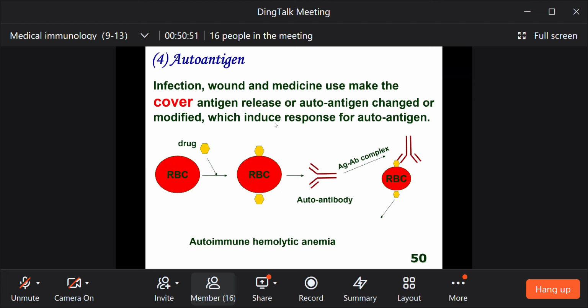But unfortunately, after the drug is injected into our body, the drug will bind with the RBC.